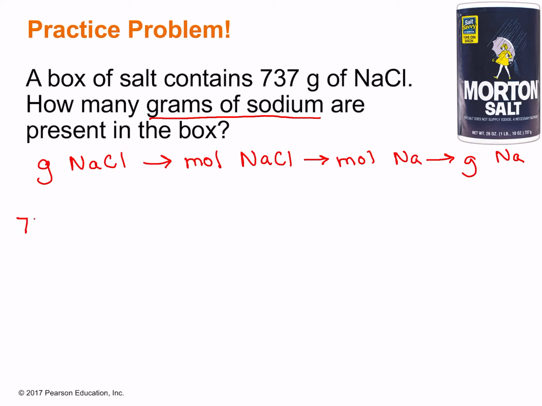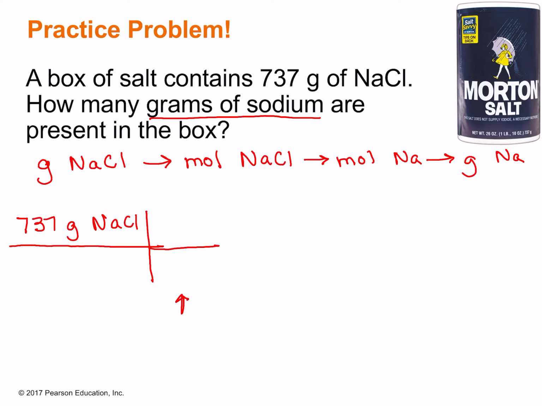So we're going to start with 737 grams of sodium chloride. Up here in the top left, that's what we're starting with, right? And so grams of sodium chloride has to cancel grams of sodium chloride. And we know from the scheme that I wrote at the top, we are trying to convert it to moles. And so we're going to use the molar mass to get here.